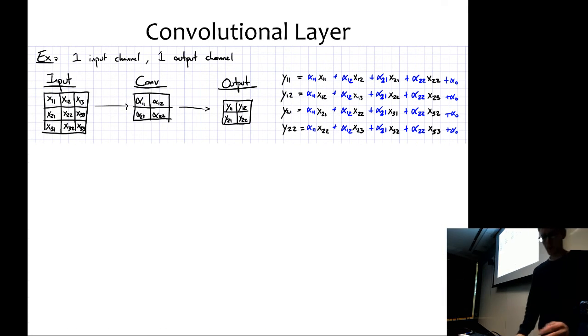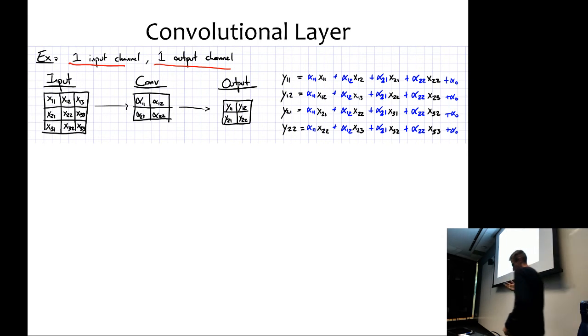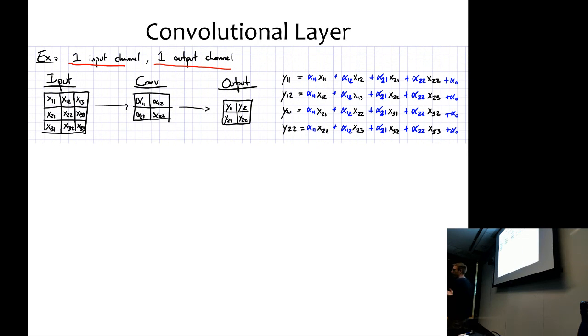So in the first case, we say, okay, we have one input channel and one output channel. Here, channel refers to what computer vision people would talk about: the fact that an image is represented not by just a single matrix of pixels, but rather a matrix of pixels for all the red values, for all the blue values, and all the green values, if you have an RGB representation of your image.